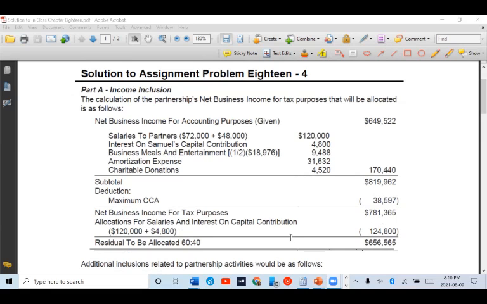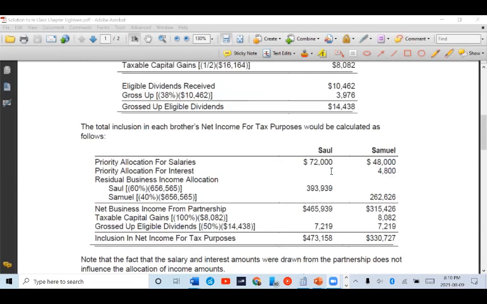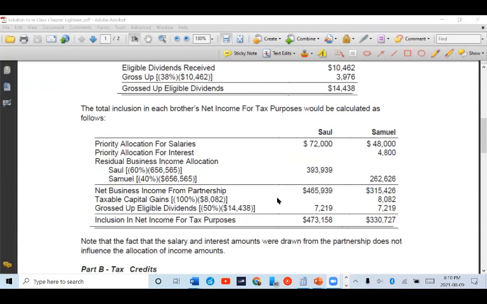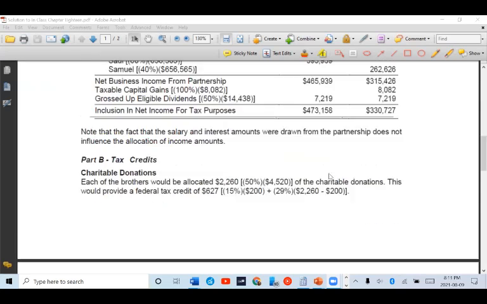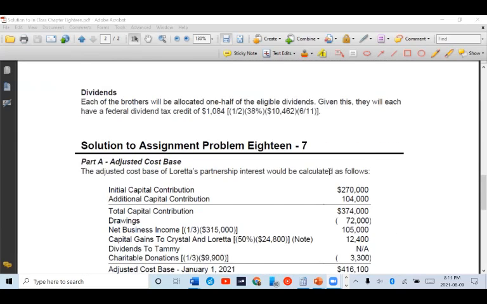So some of the stuff that's built into this question, we've already learned before, right? So that carry forward knowledge is helpful here. We already knew what to do with meals and entertainment. We already knew what to do with amortization and CCA. We already knew how to do grossing up and taxable capital gains, inclusion rate 50%, all that kind of stuff. We already knew that from tax 1.